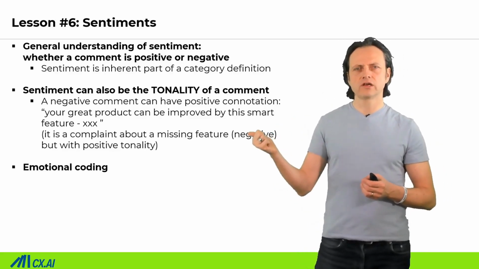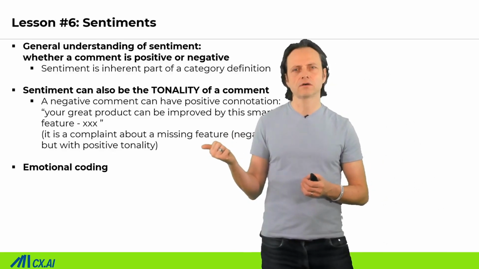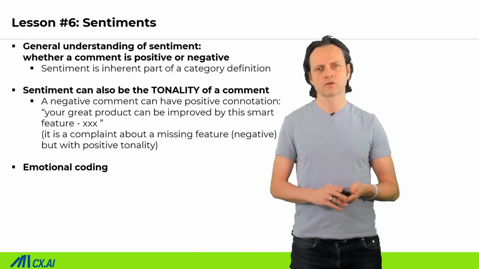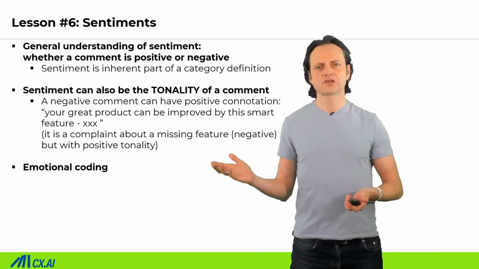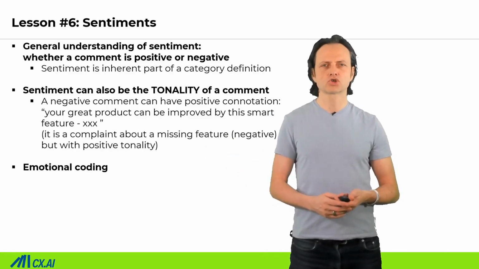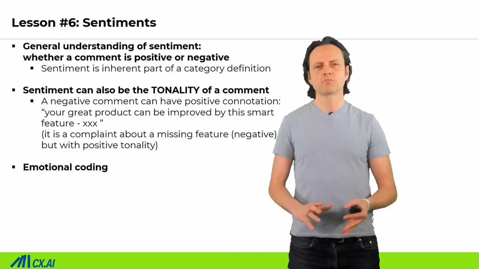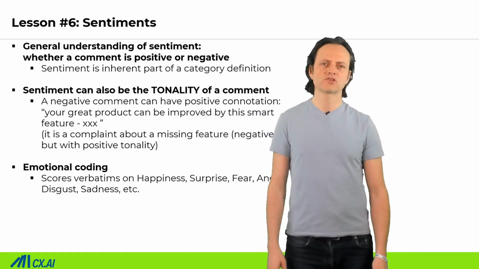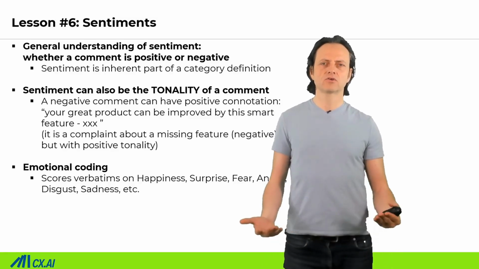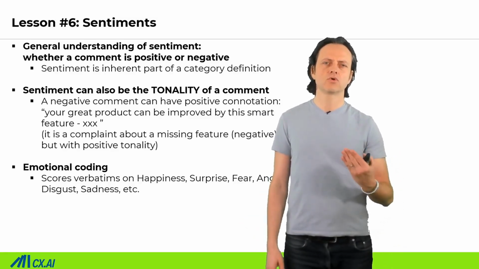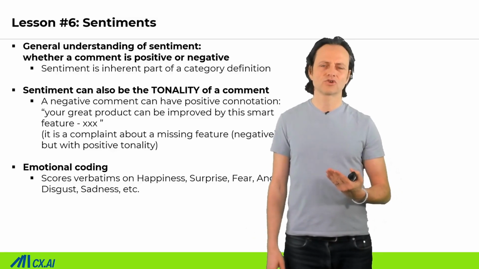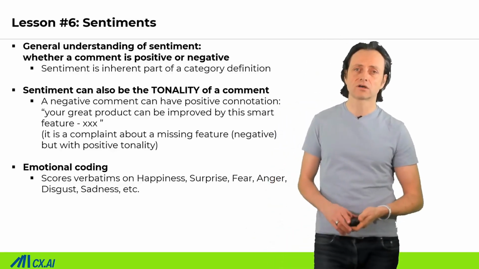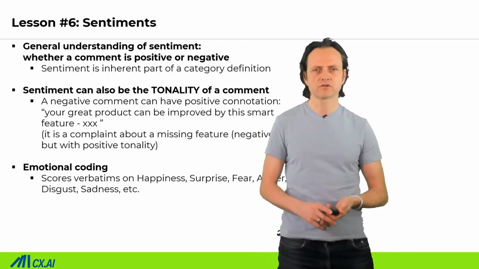So tonality type of sentiments are a different kind of sentiments which are very useful. Another type of sentiment is emotional coding. There are APIs you can tap on, and some software have used them. It's basically to categorize which emotions certain verbatims belong to, and what probably the emotions are which triggered those verbatims.